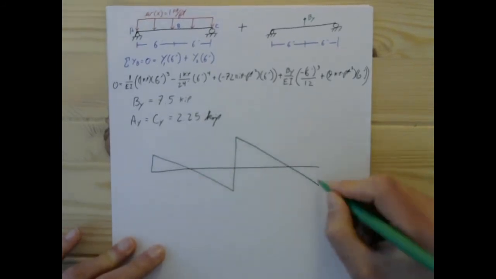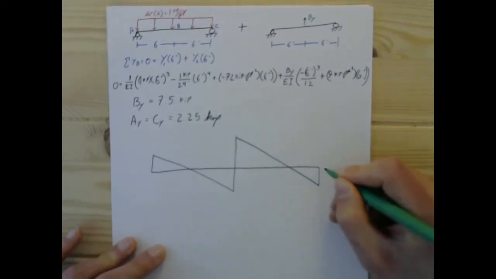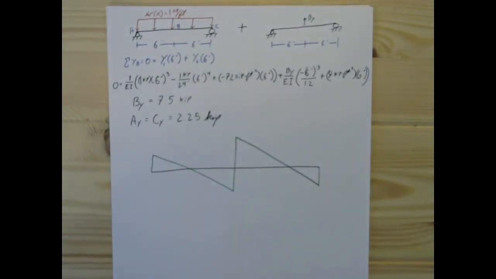Down to negative 2.25. And up to 0. And then our moment is similarly going to, this isn't quite as low as it should be, be positive, negative in here, and then positive out here. So we're going to have some regions of negative moment in here.